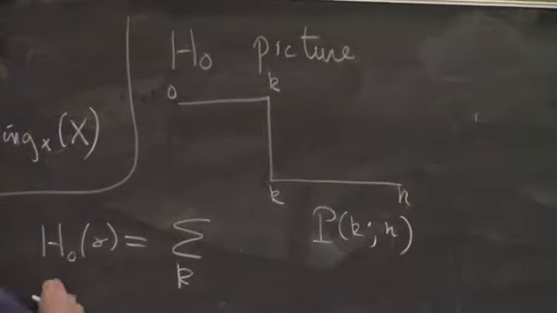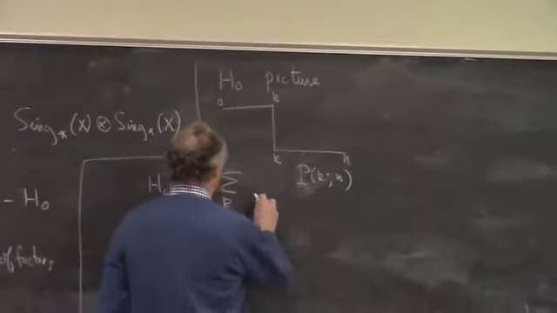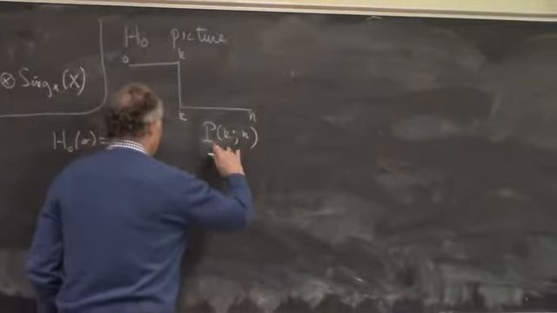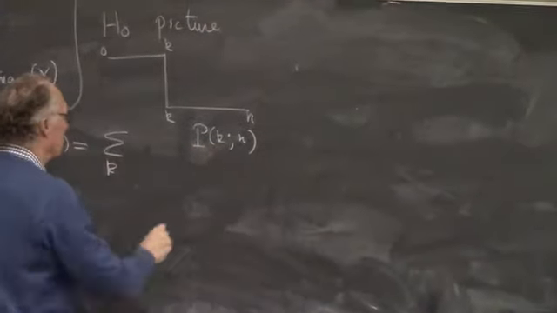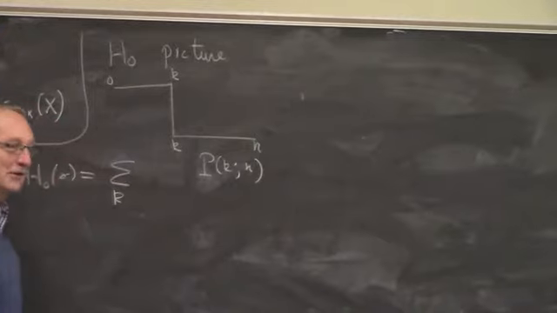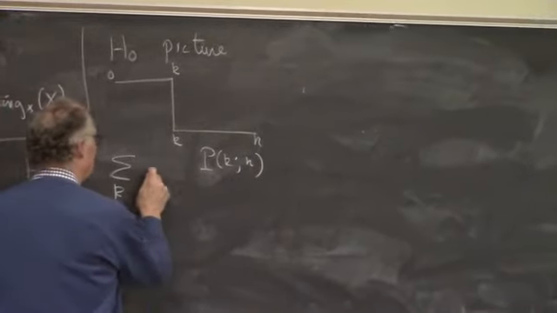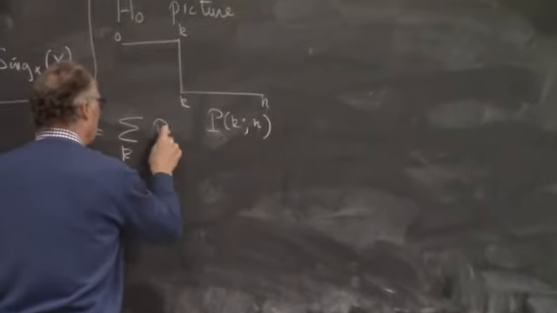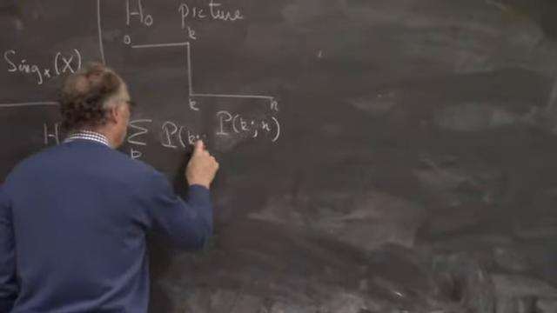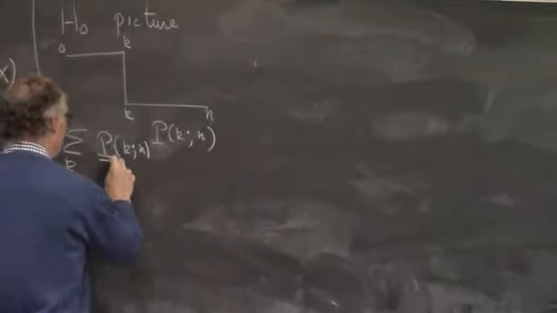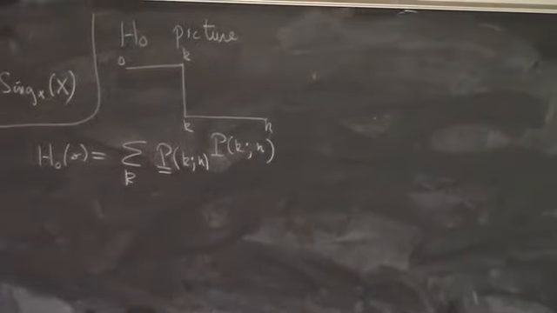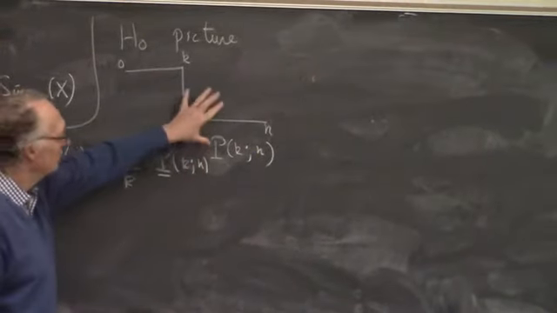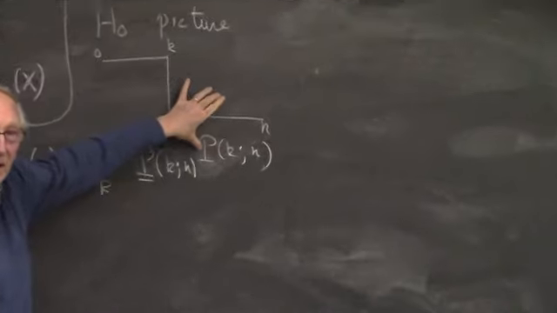And H naught of the simplex sigma is the sum over k of an element in the tensor product that I'm going to label the same way I label the diagram. The signs here are all plus 1. It's just going to be the sum over these diagrams, with an underline to indicate this is an element in the tensor product that's described by this diagram.